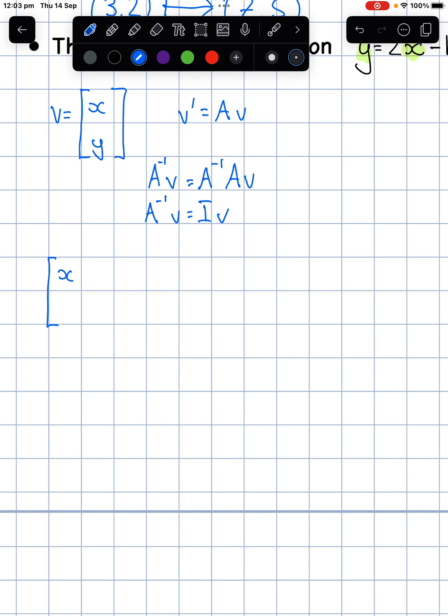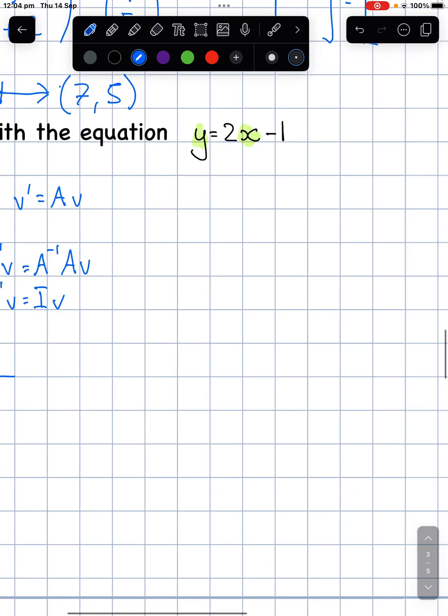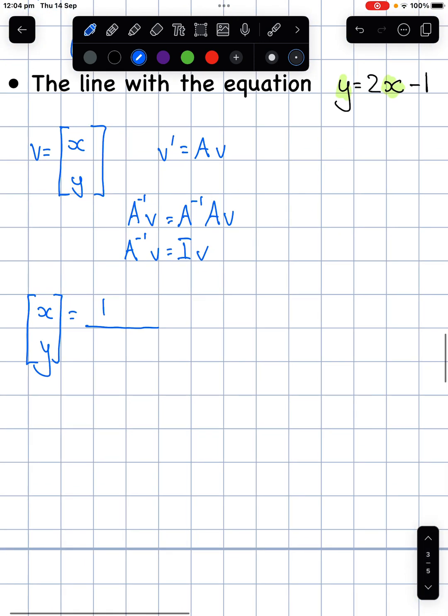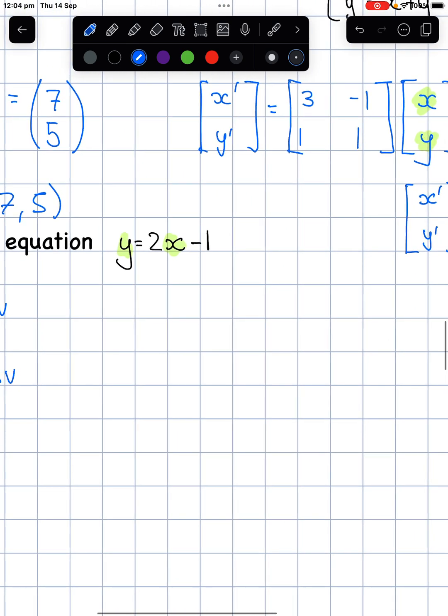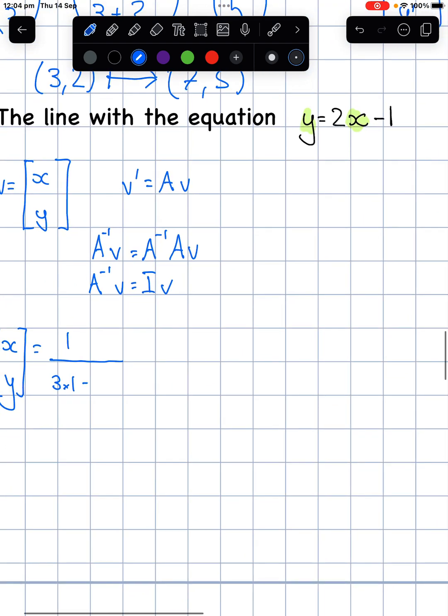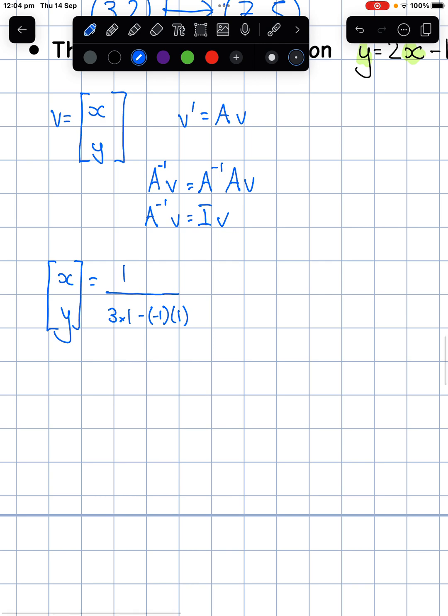So we've got that X, Y, and now we've got our inverse. Remember, it's going to be 1 over the determinant, and the determinant up here was 3 times 1 minus negative 1 times 1, which is obviously going to end up being 1 over 4.